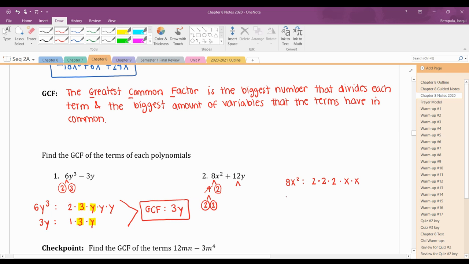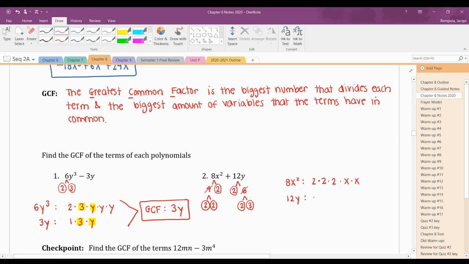Now I'm going to move over to the 12. So now I want to figure out, how do I break down 12? There's a lot of ways to break down 12. One of them is 2 times 6. I can't break down 2 any further. 6 I can. 6 is 2 times 3. So because I broke down the 6, I'm not using that. I'm only going to list the numbers that are circled.